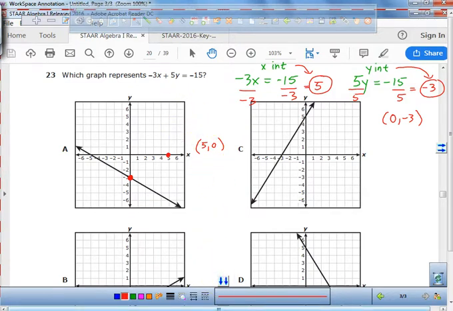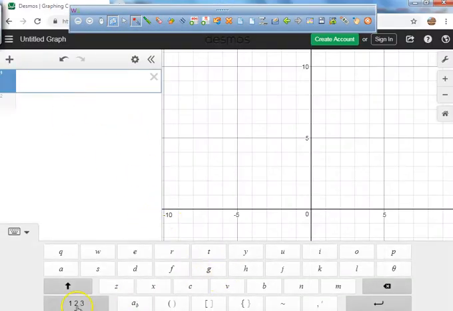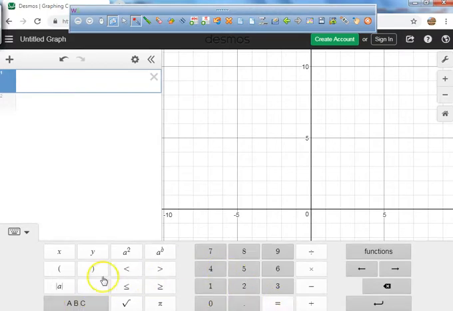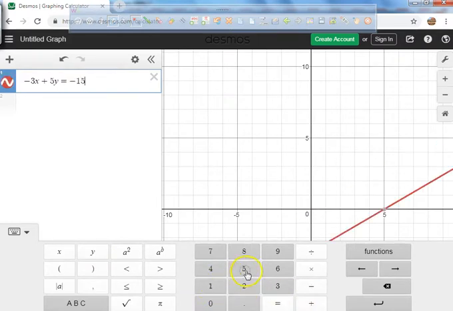So let's go to Desmos and type it in. I already did. You did? Let's see here. All right. So what was the equation again? Negative 3x. So I'm going to type in negative 3x plus 5y equals negative 15. All right.